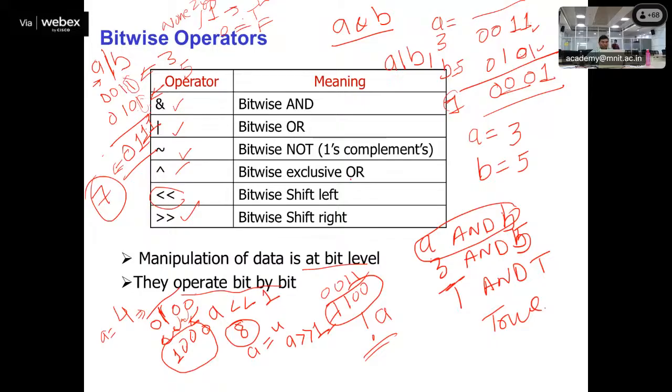It means we write A shifted right by 1, which says that A should be shifted right by 1 bit. If you write A shifted right by 2, it means it must be shifted right by 2 bits.